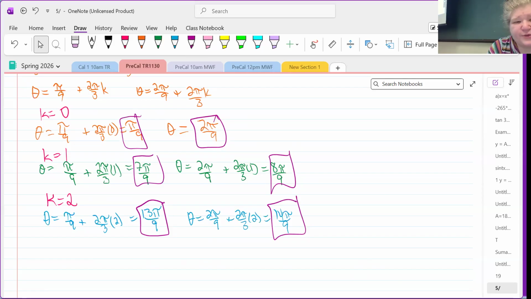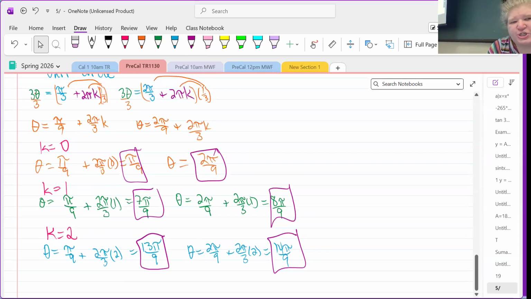So we picked 3 k values, 0, 1, and 2, because we originally had 3 theta. So whenever what's inside the trig function is more than just a single theta, you're going to have to pick k values. I always start with k equals 0, because that gives me easy numbers to work with. And then I just go however many k values that number inside told me.